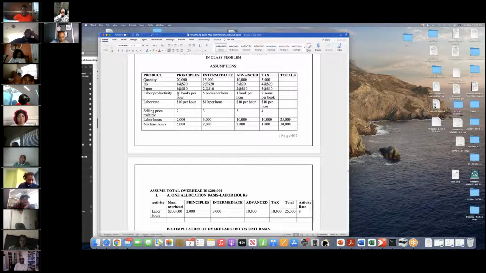So these were calculated for us: 10 books per hour, and we're making 20,000 books, 2,000 hours. 5 books per hour, we're making 15,000 books. So it's 3,000 hours. That's how we calculate the hours. 1 book per hour, 10,000, and 2 hours per book, 10,000 also.